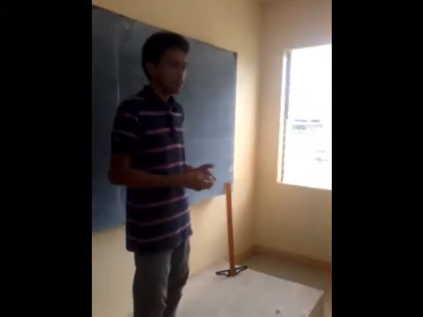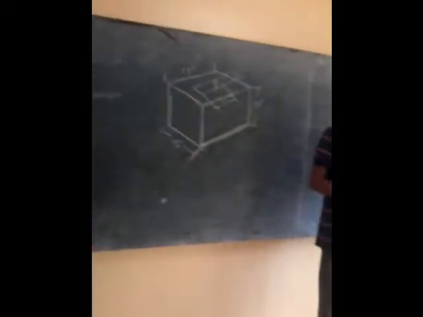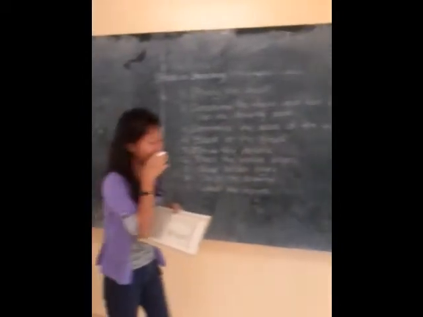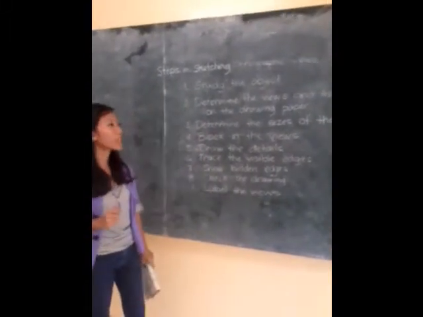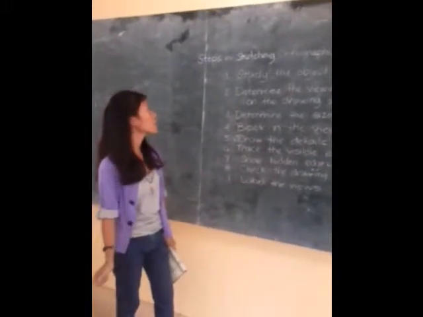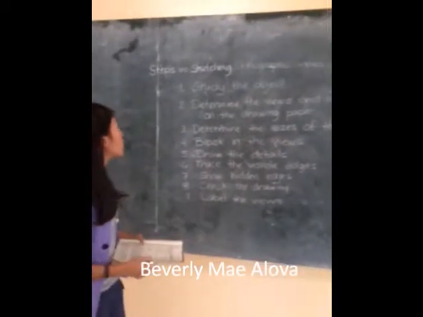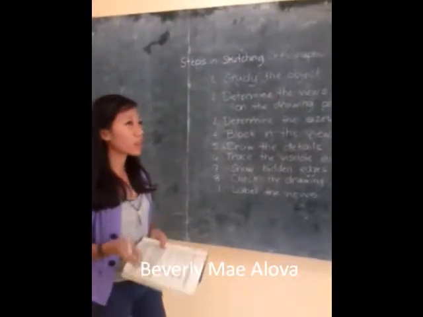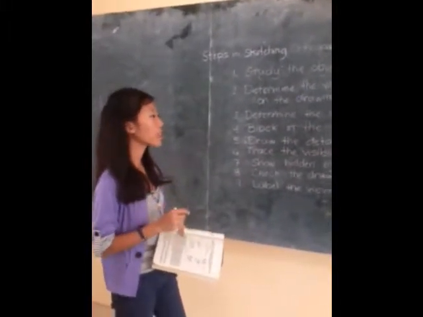Okay, class, I will now discuss to you the importance of steps in sketching the orthographic views. Sketching the orthographic views is important to create systematically proportioned angles or sizes and blend with the thickness of the objects.